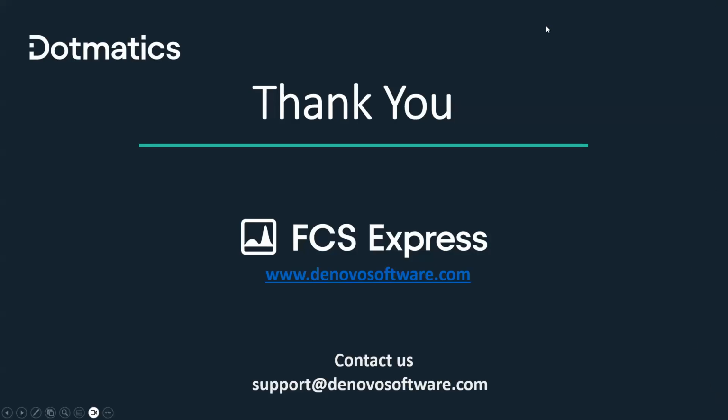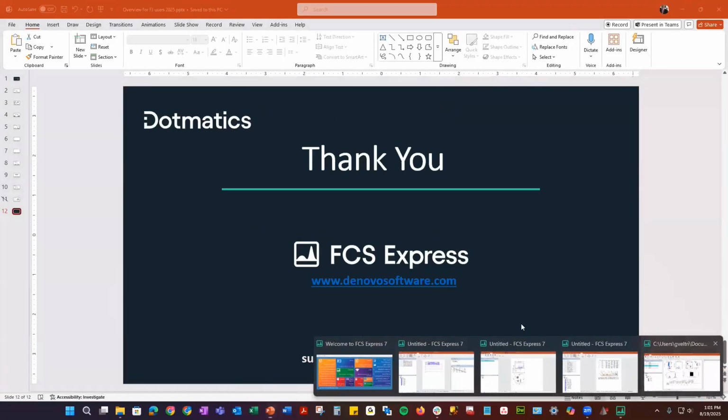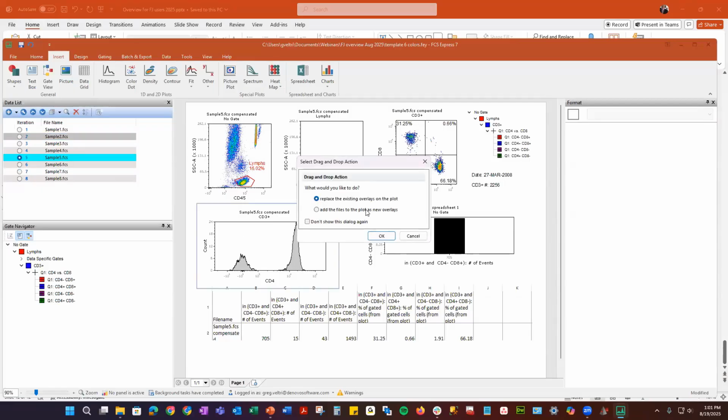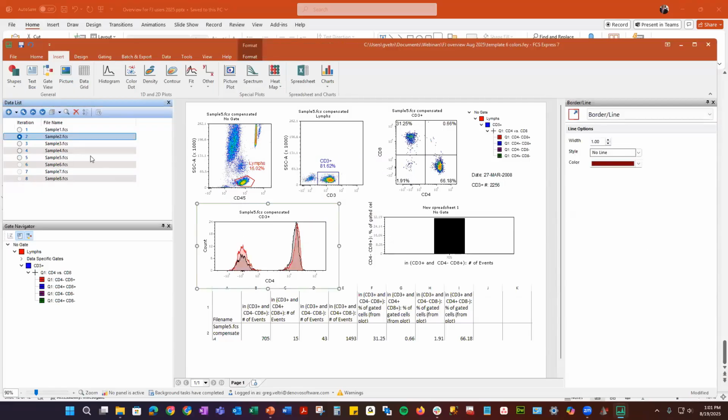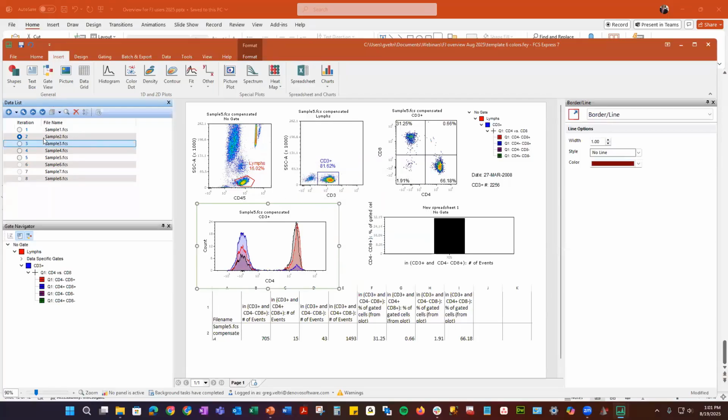But let me just show you one thing that may help you with your question. If you put multiple data samples into the layout that you have, so let's say like sample 2, I'm going to overlay this onto here. Let's do number 3. Let's change this to number 2. You'll see how things are graying out here.